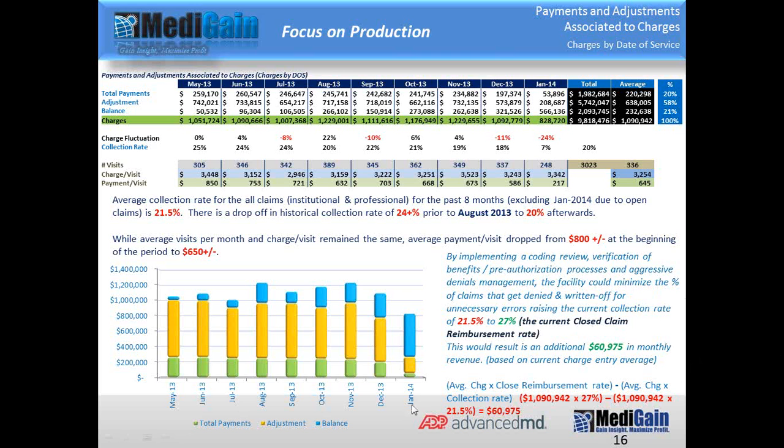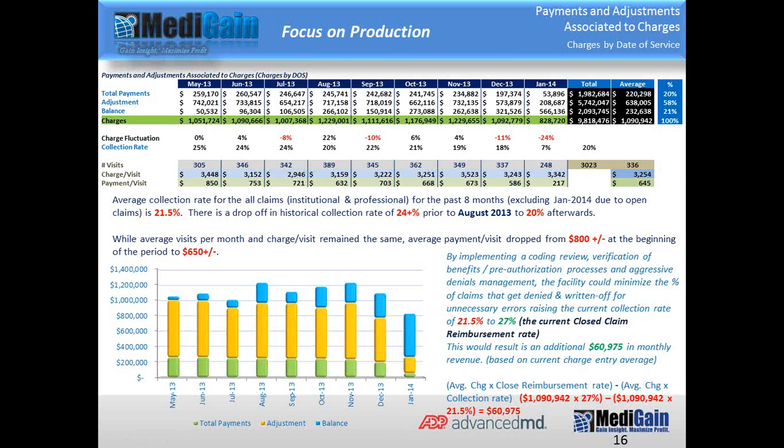And the question that we ask everybody is, what if all of your claims came in as good as the average of your best claims? The differential between the two is your target for improvement.